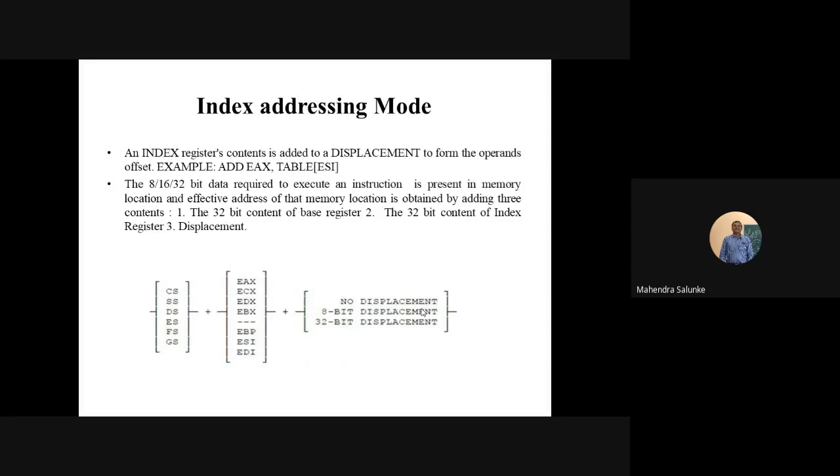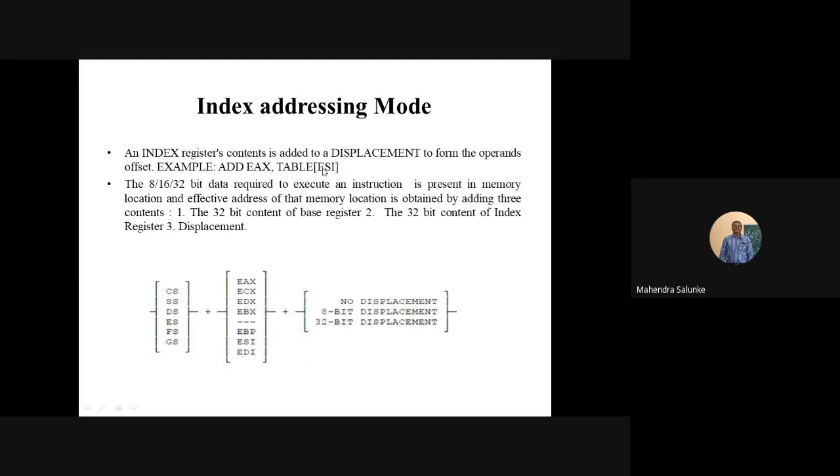Then index addressing mode. In this, only the index registers are used. Here you can see the index register contents are added to a displacement to form the operand offset. For example, add EAX comma table, in brackets ESI.